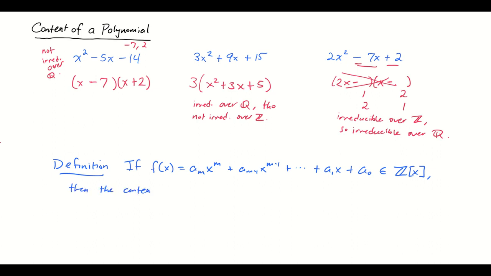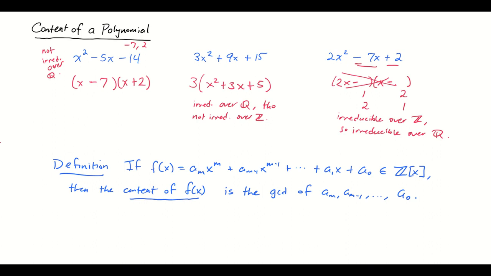The content of f of x is the GCD of a_m, a_(m-1), etc., all the way down to a_0. Okay, so the content is the GCD of all of the integer coefficients.